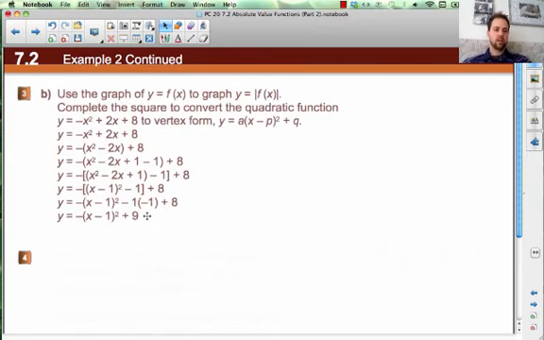Okay, so this is converting it to vertex form.